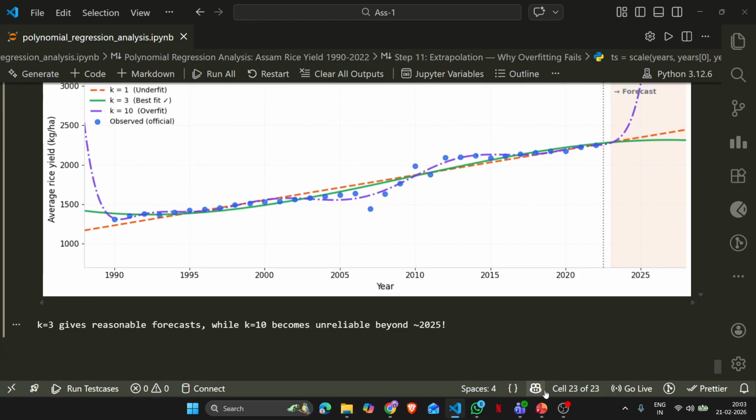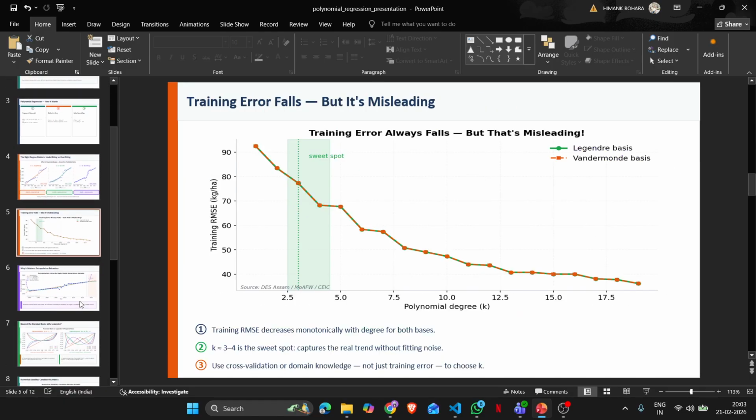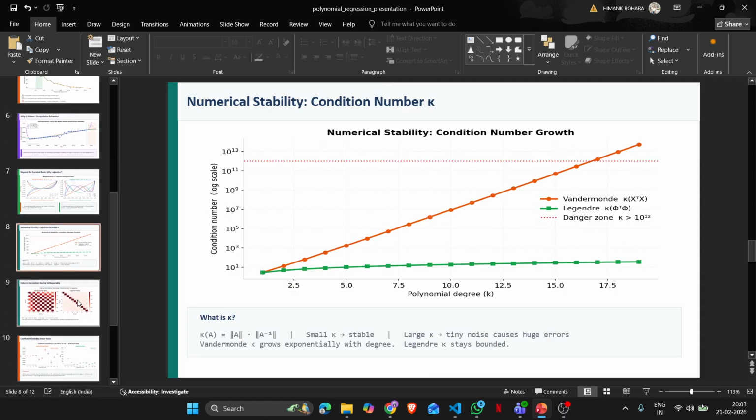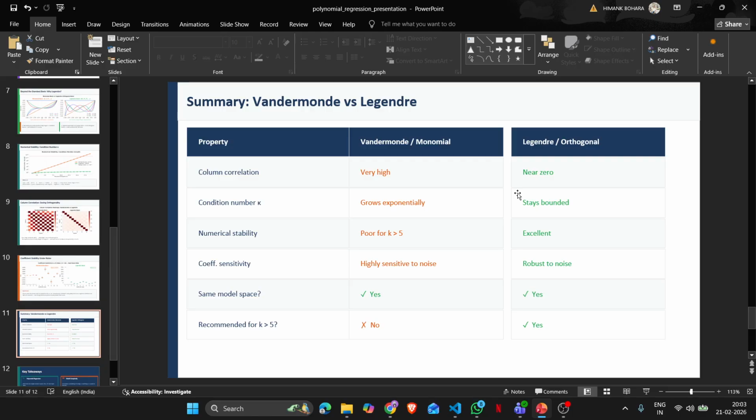and hence we use only smaller or comparable degrees of polynomial. I have shown how to use polynomial regression to model data with noise, and the difference between the Vandermonde or monomial basis versus the Legendre polynomials, or the orthogonal basis.